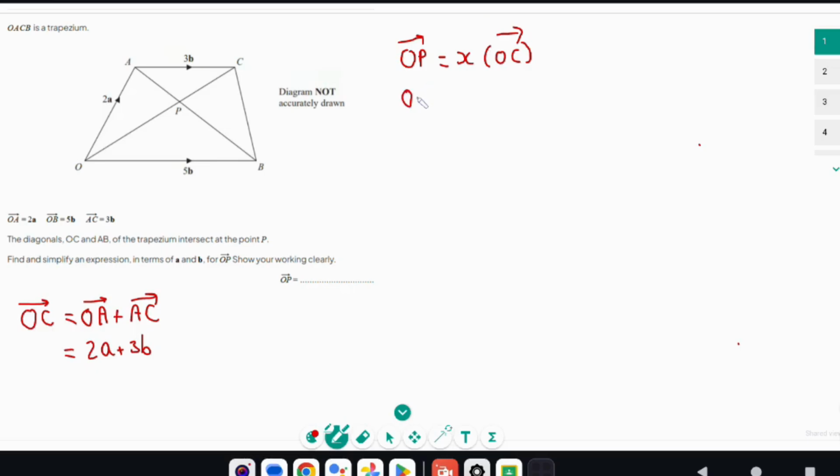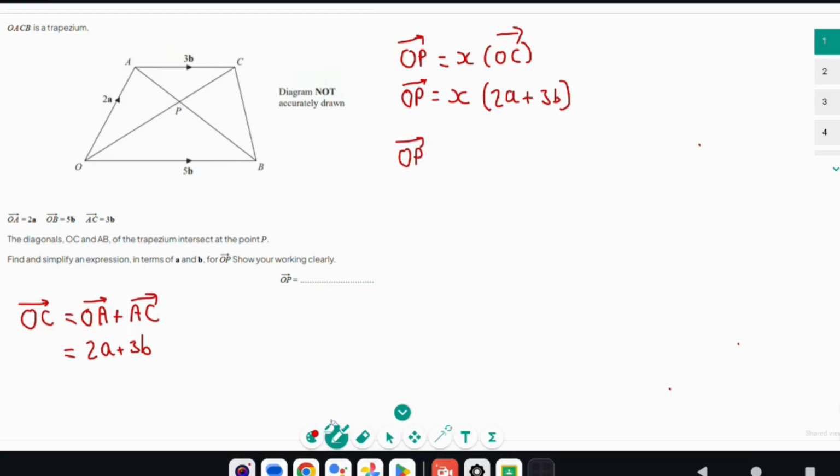So we know OP is a fraction x along the line 2a plus 3b. Now, we have some unknowns here. To work out our unknowns, we're going to find another vector to represent OP, so a different journey.